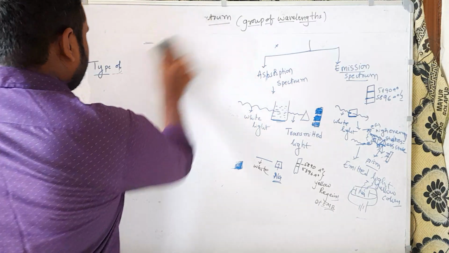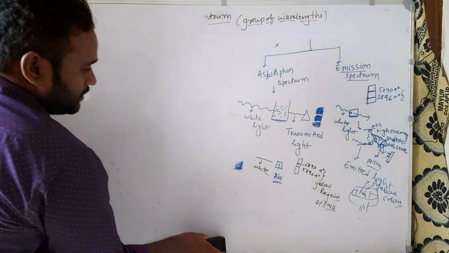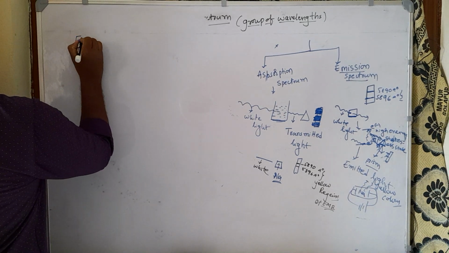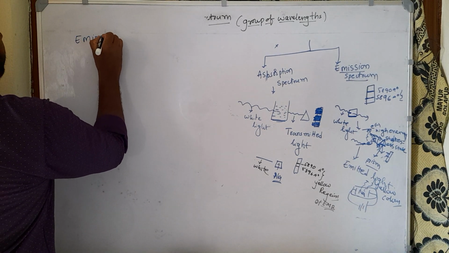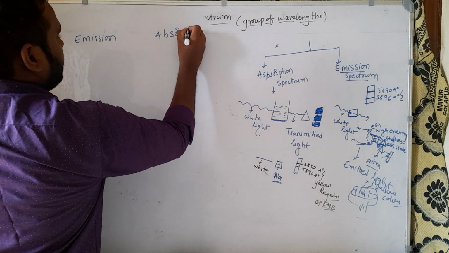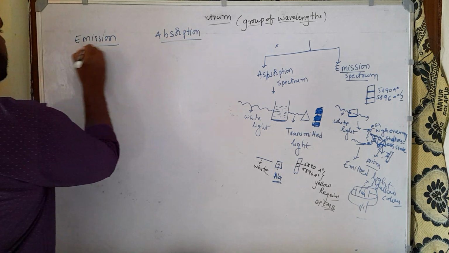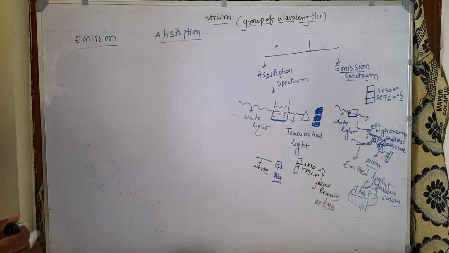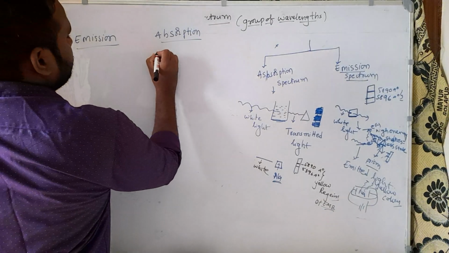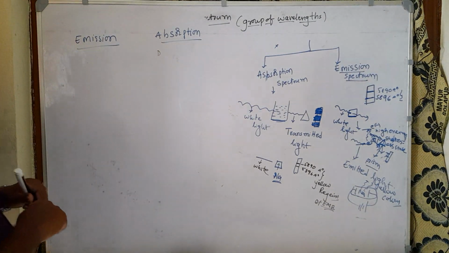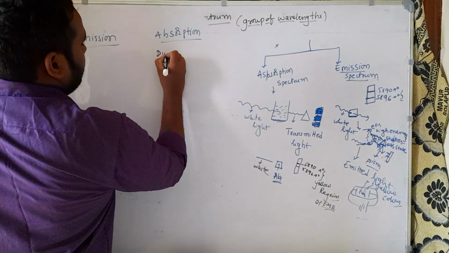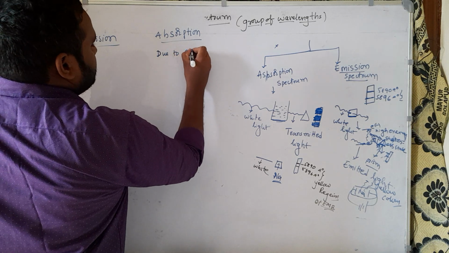Okay. Now let us differentiate them, emission spectrum and absorption spectrum. What are the differences between emission and absorption spectrum? So what is an absorption spectrum due to? Absorption spectrum is due to excitation.